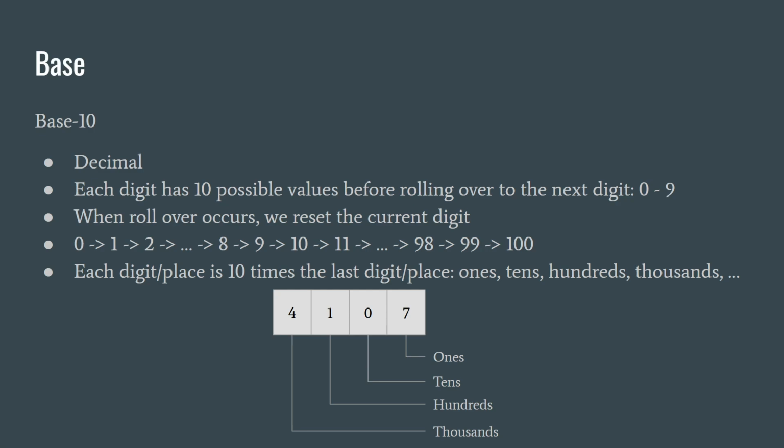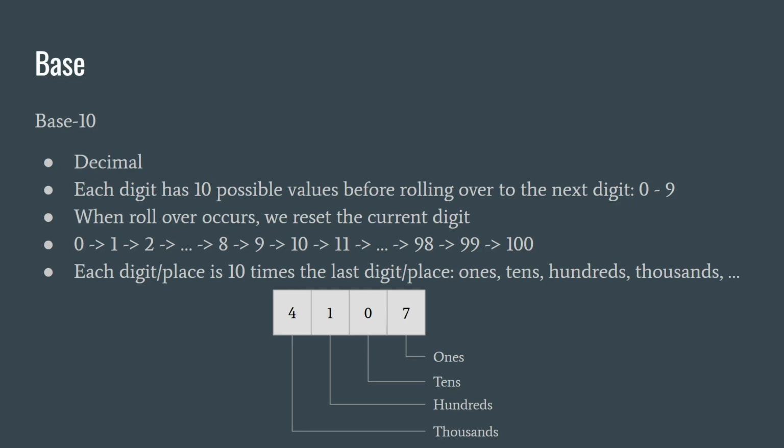So the number sequence 0, 1, 2, 3, and so on until you get to 8, 9. And then on the next digit, it rolls over to the 10's place. You increment the tens digit by 1, and then you reset the ones digit back to 0.